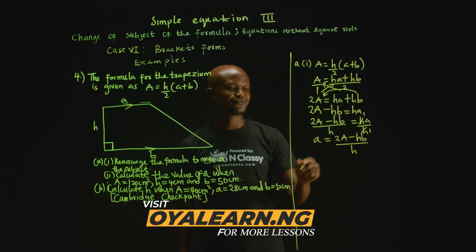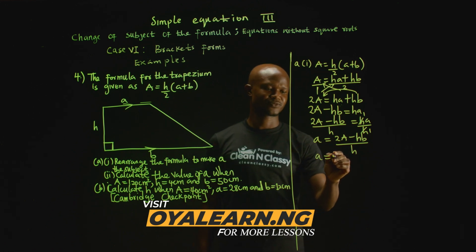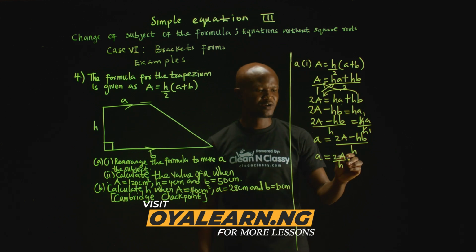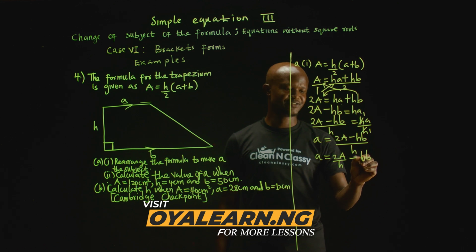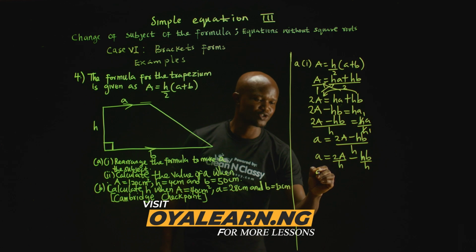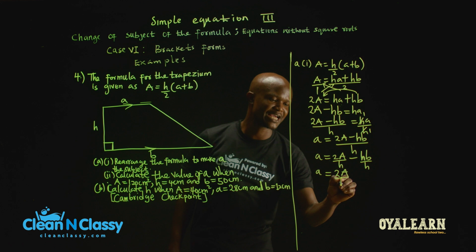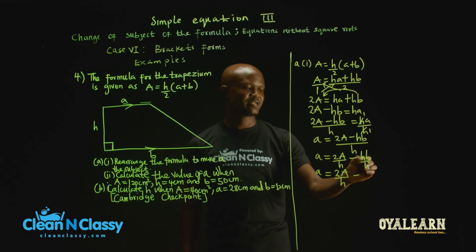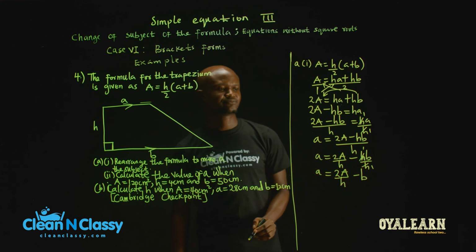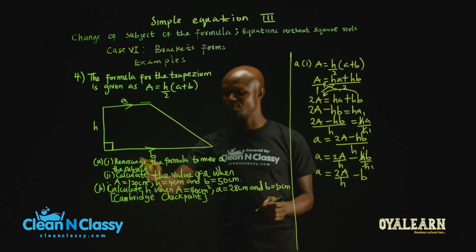We can also simplify further or write it in another form. a will be equals 2A divided by h, same denominator, minus hb divided by h. Now we have small letter a equals 2 times capital A over h minus, h cancels h, so we have minus b. That is the solution for Roman figure 1.